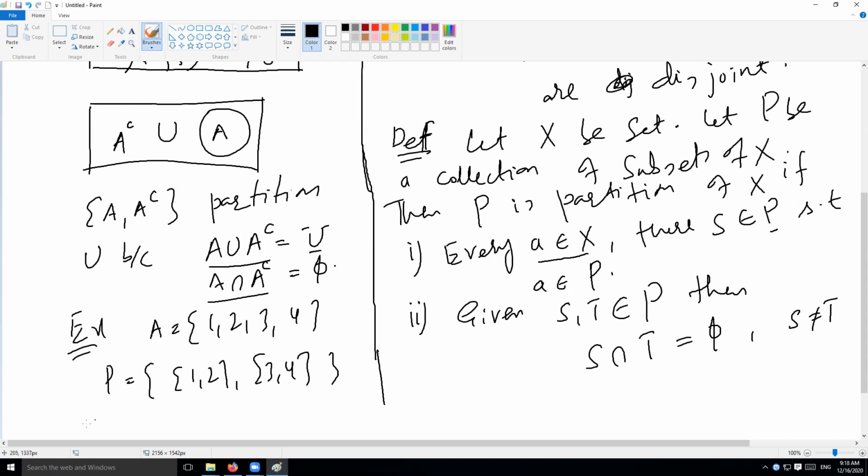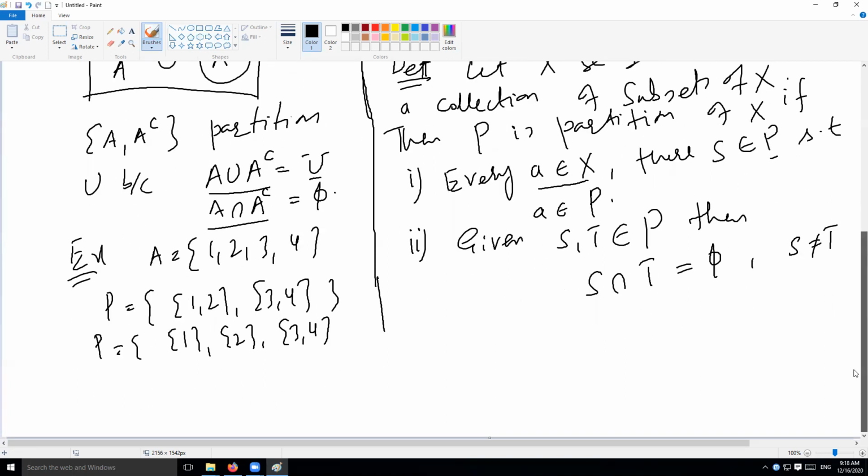And say there is another potential partition: I'm writing 1 and 2 and 3, 4. And maybe another claimed partition is 2, 3, and 4, and so on.